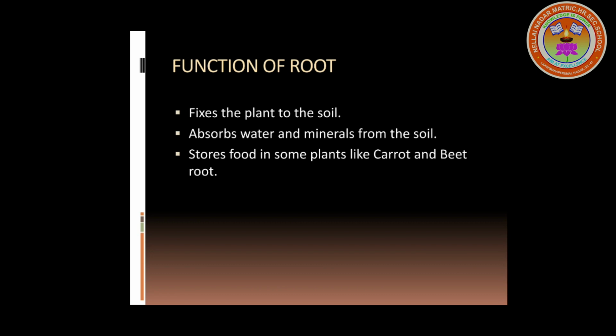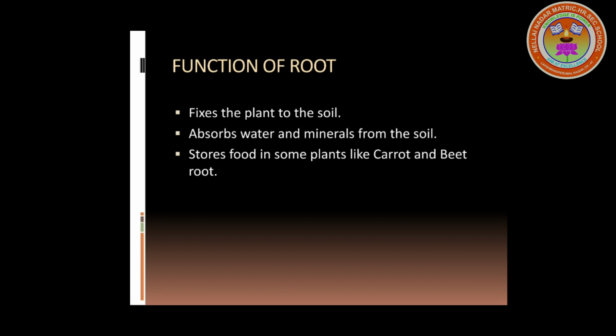Next is the functions of root. What is the function of root? Without the root, the plants will not get food and water. It helps the plant in fixing to the soil. So the main function is anchorage.